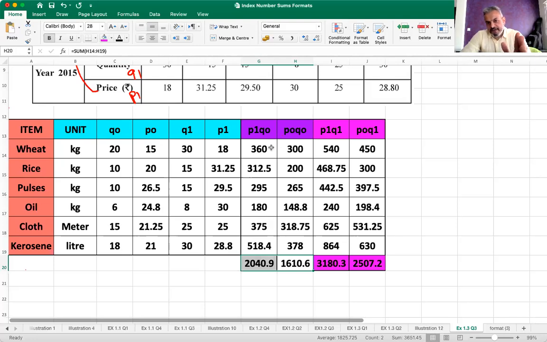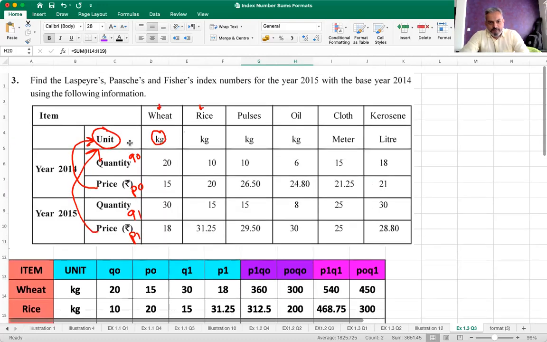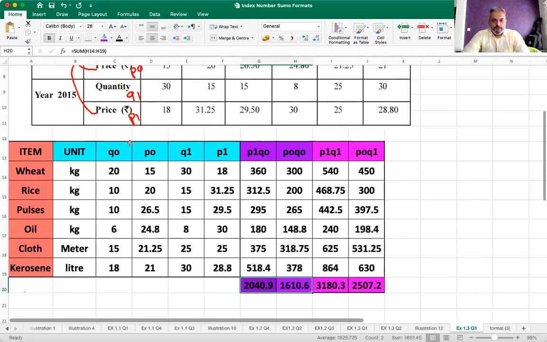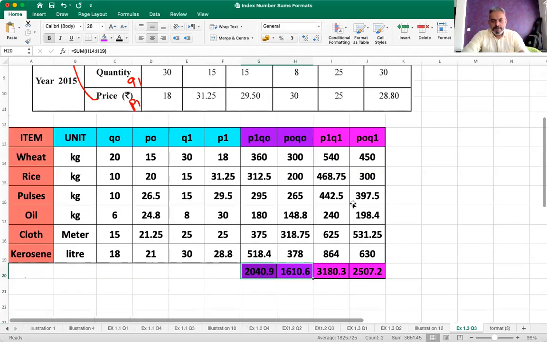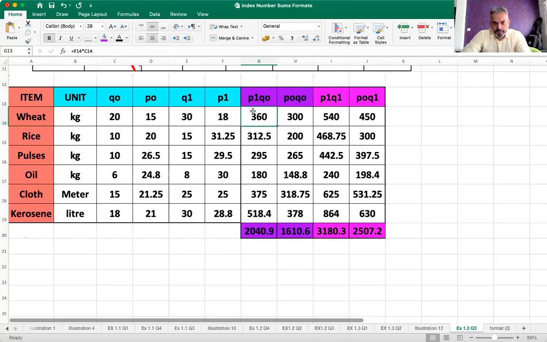Keep these columns P1Q0, P0Q0 fixed because we need all these values directly in the formula. The rest you go as per the question, so that you don't get jumbled and make mistakes. Keep Q0, P0, Q1 and P1 uniform.